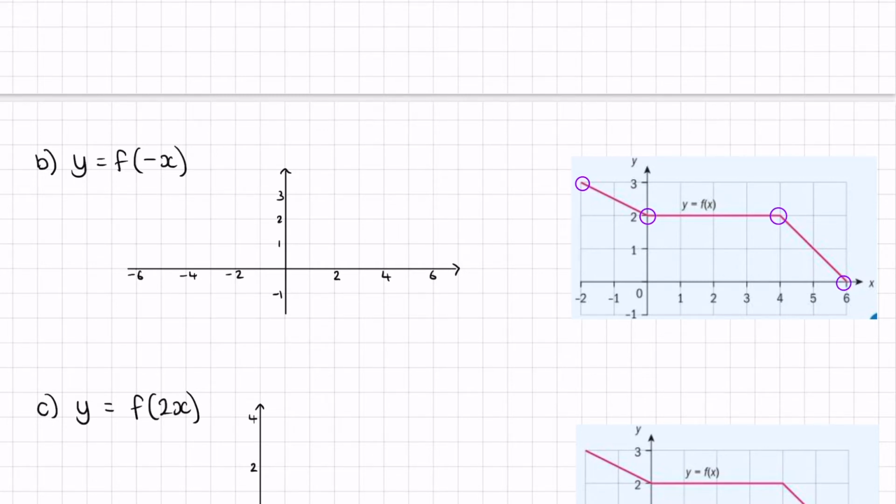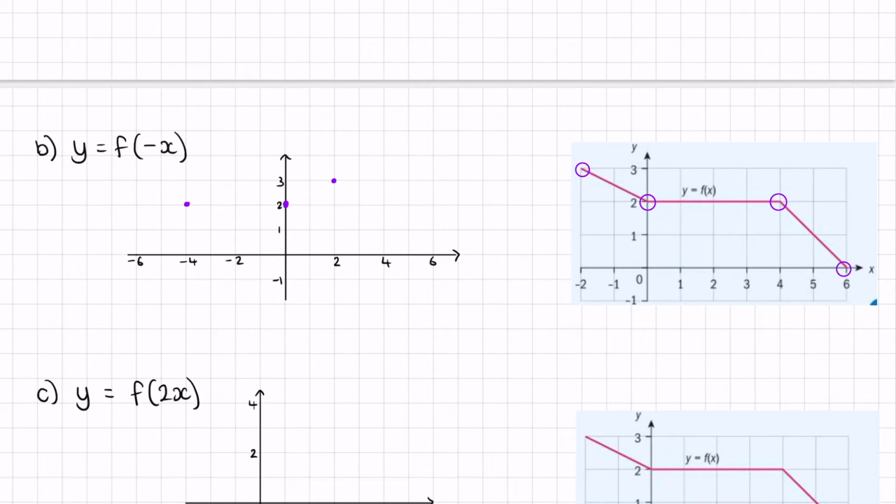The first one at -2, 3 will then be at 2, 3, so it reflects to the other side. 0, 2 will stay the same because if it's on the y-axis, it's not going to reflect anywhere. 4, 2 will then go to -4, 2. And 6, 0 will go to -6, 0. Then we join our dots up. As you can see, it is just reflecting across the y-axis.